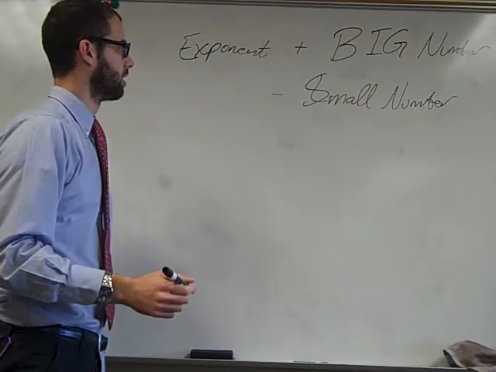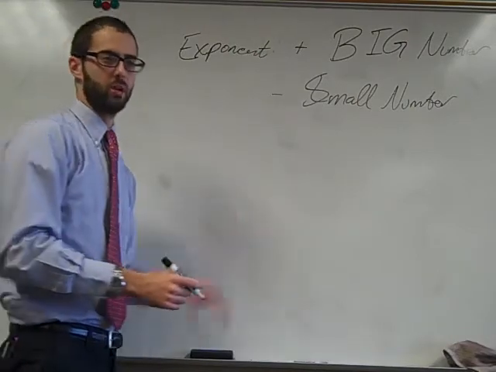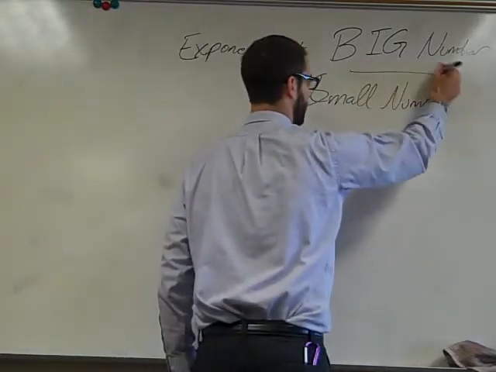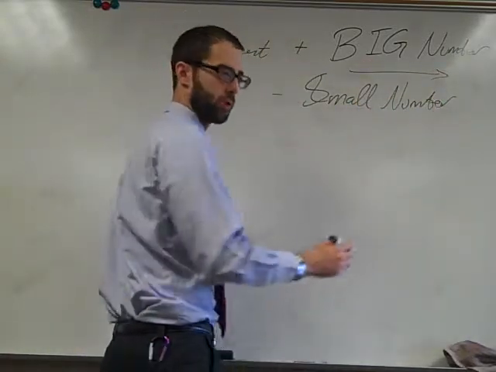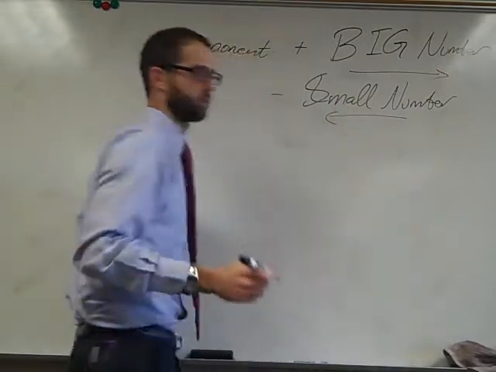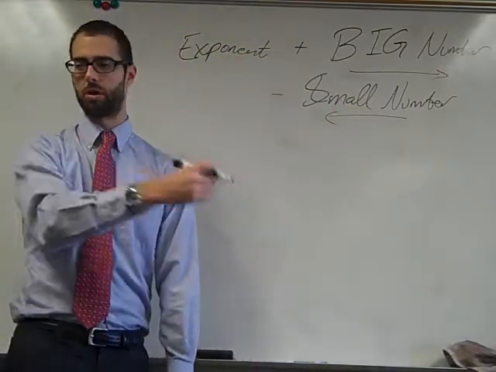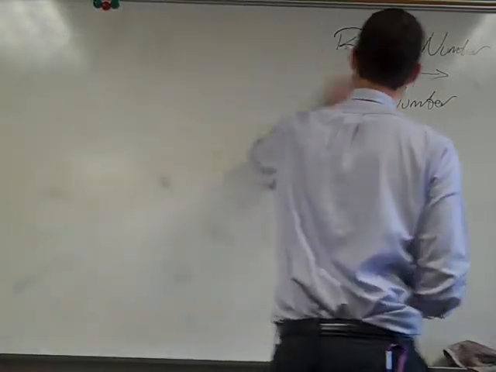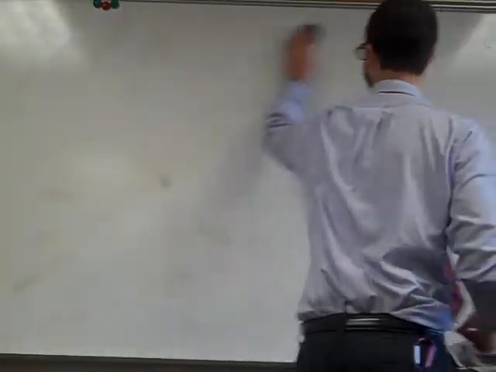Okay? Now, if a number is big, which way are we going to go, to the left or to the right? To the right. If a number is small, which way are we going to go? To the left. Okay? Moving that decimal point. So let's go ahead and get started on just a couple of problems.